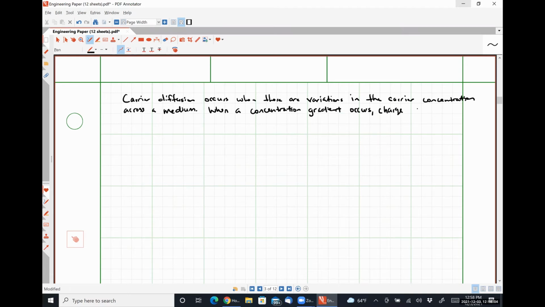When a concentration gradient occurs, charge carriers tend to flow from a region of high concentration to low concentration.